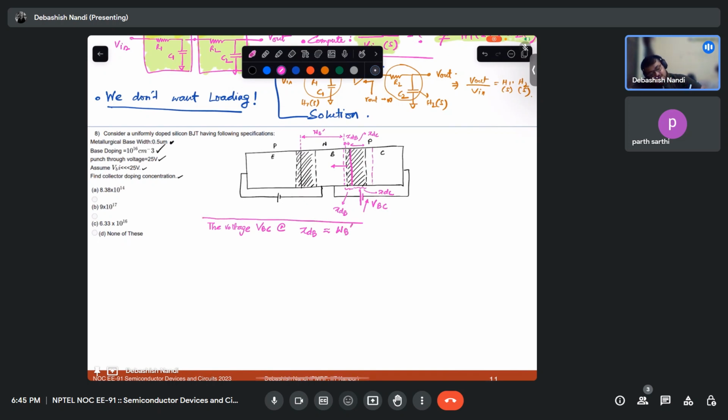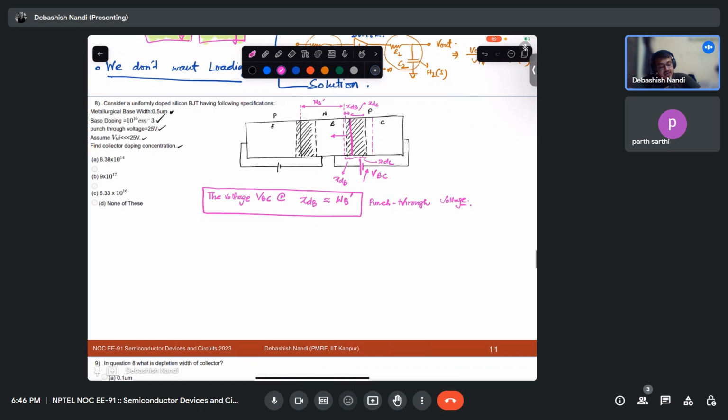That is called punch through. That means your collector is punching at the base, through depletion, by means of depletion. This is called punch through voltage.